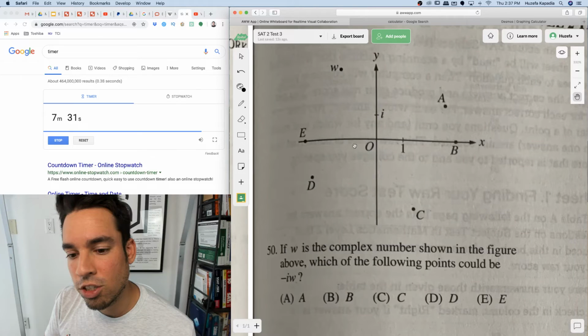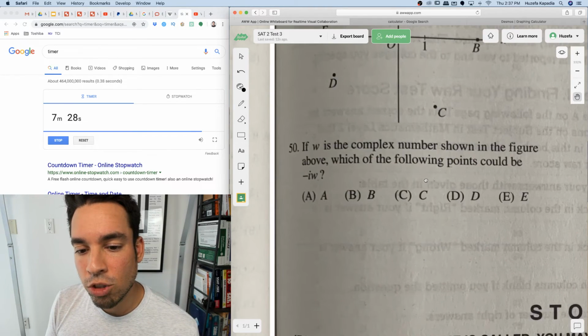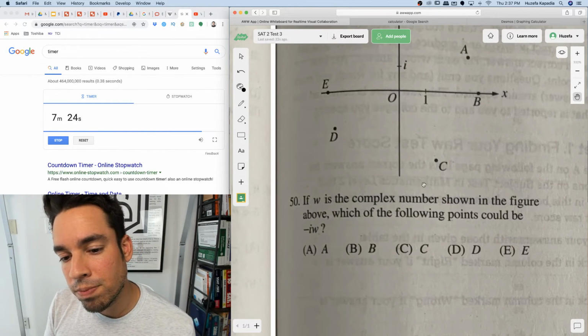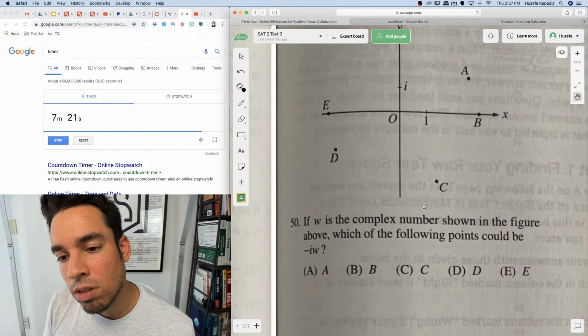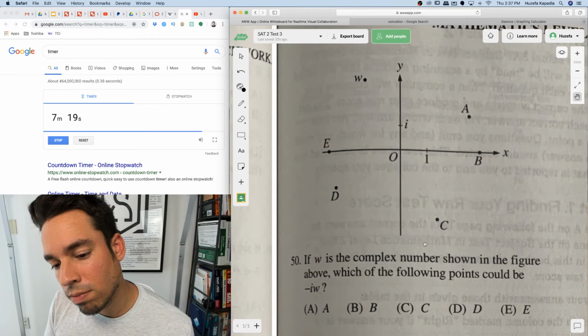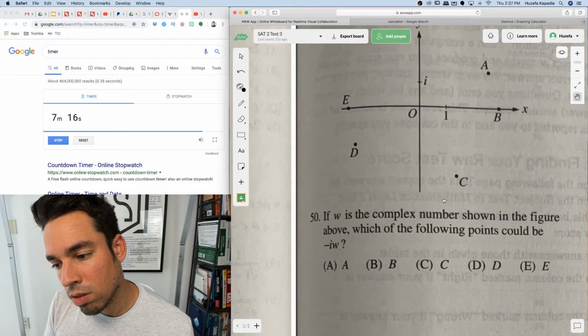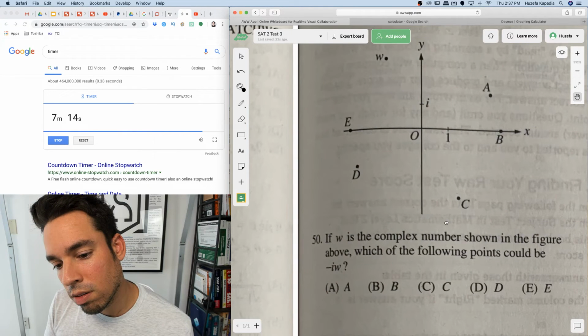You'll have it down. If W is the complex number shown in the figure above, which of the following points could be negative iW? Hold on.